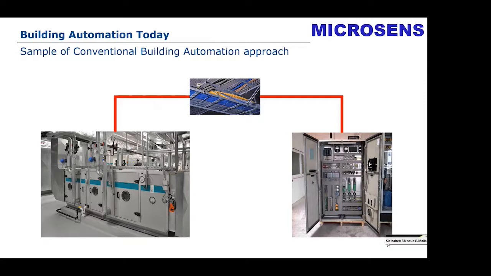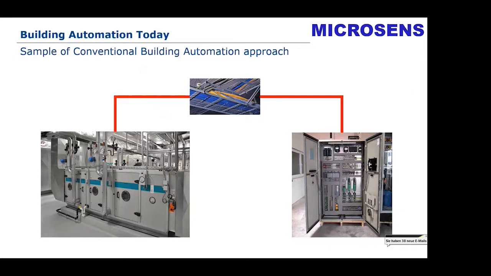You have a PLC and a switching cabinet on the right side, which is responsible for doing all the automation, and then over the cabling infrastructure it is controlling, for example, this ventilation device. This concept you will see anywhere you have something you want to control by a PLC.